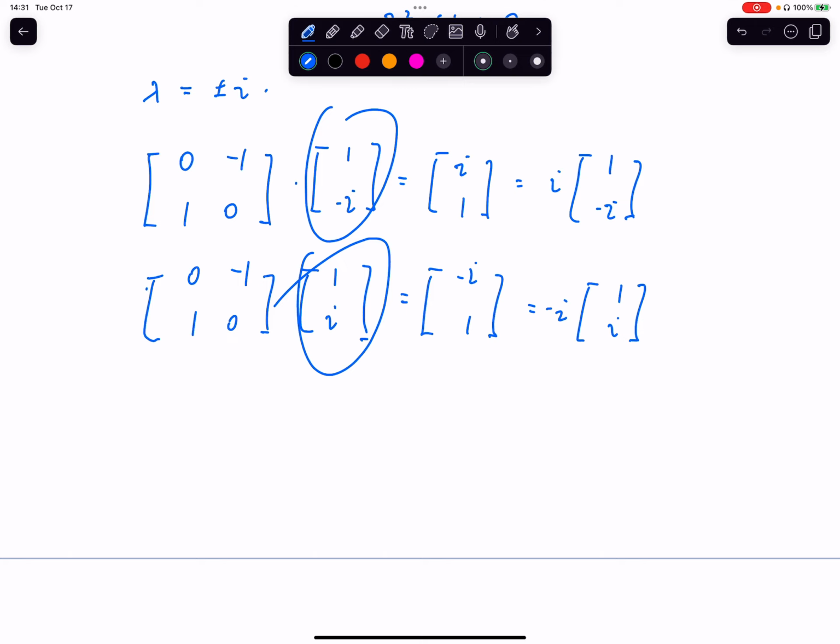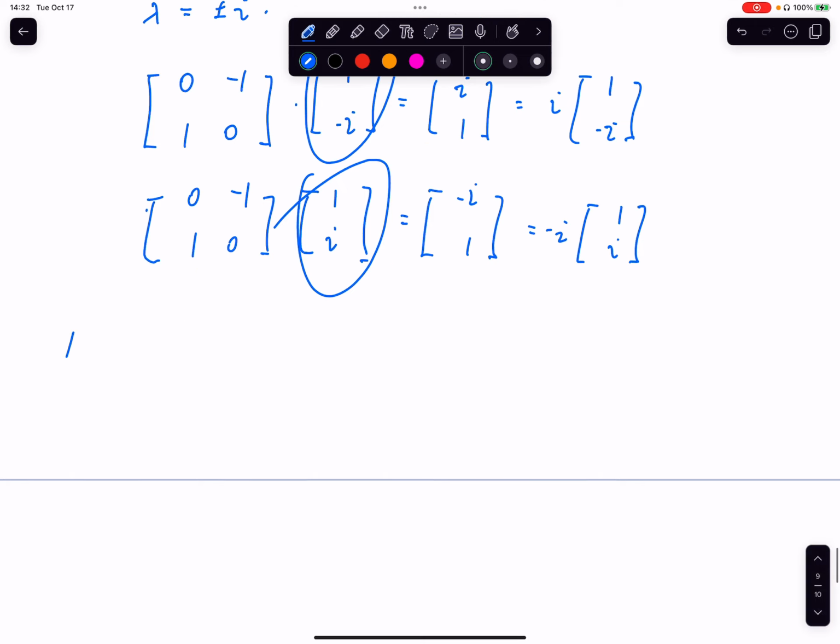If we let A be an n by n matrix with real entries, then we have that the conjugate of Ax equals A times conjugate of x, which equals the conjugate of Ax.